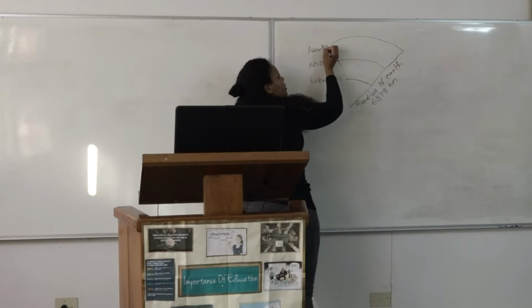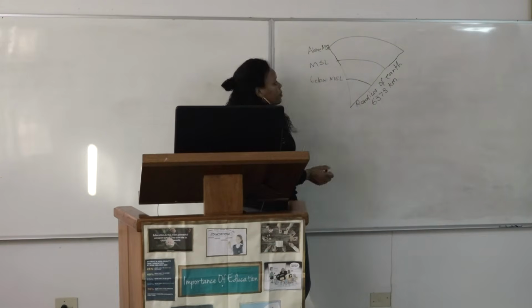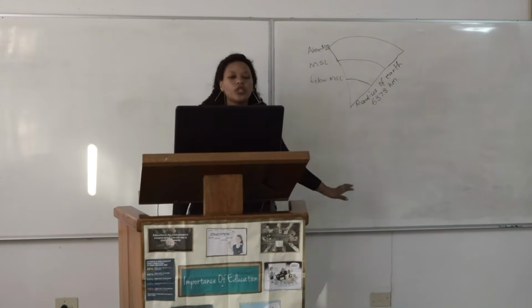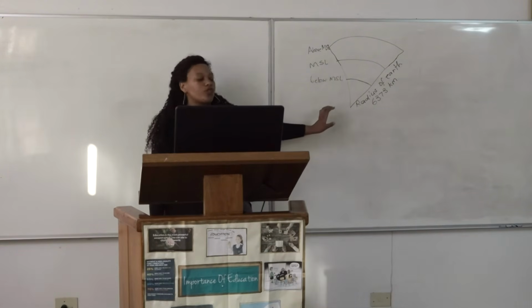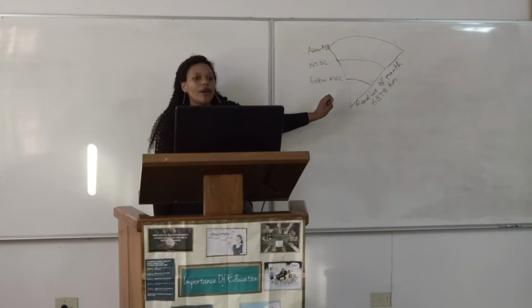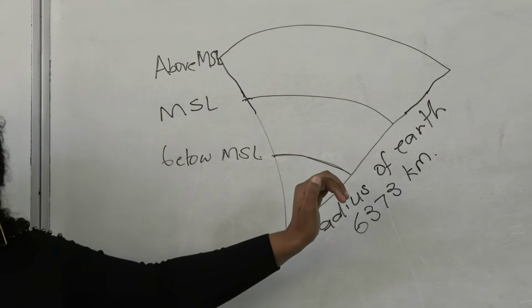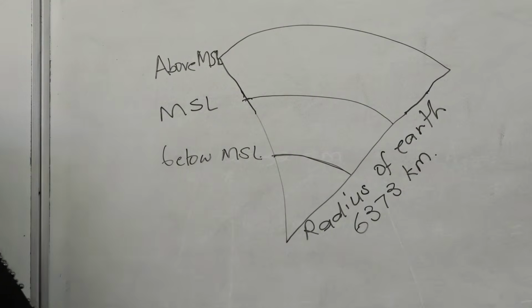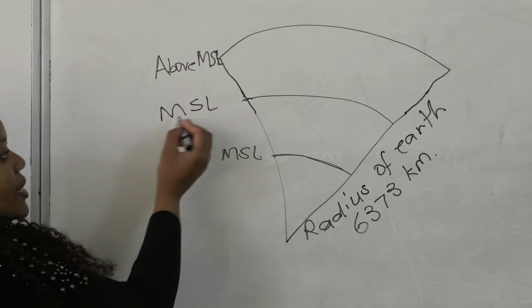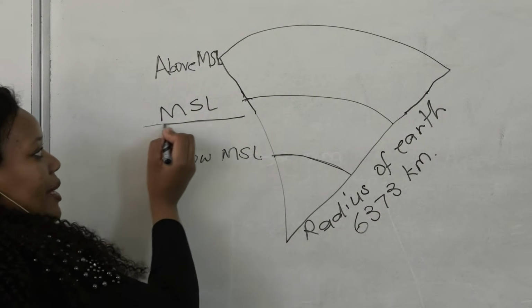main sea level. Okay, so here we were told that the distance of 234.76 meters was measured at 950 meters above the sea level. This is our main sea level.